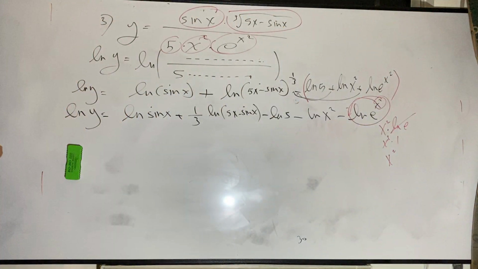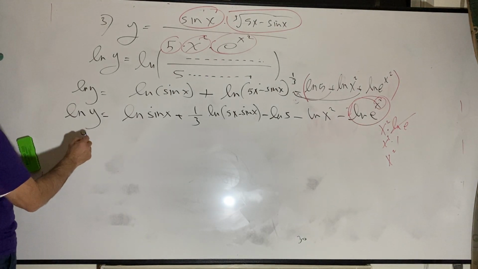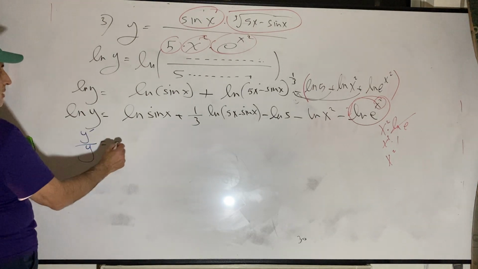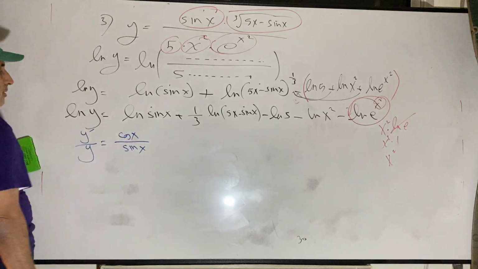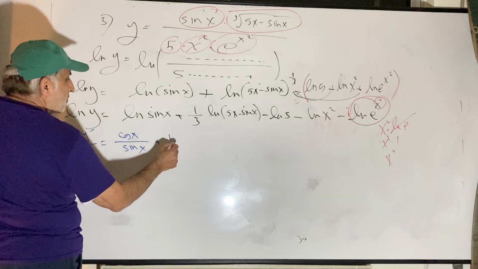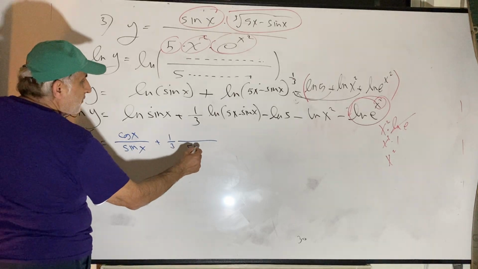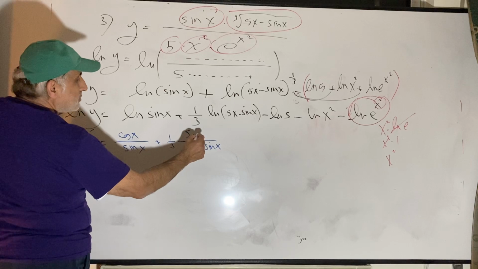Now, gentlemen, let's differentiate and finish with this topic. The derivative of ln y with respect to y is this. Sine, its derivative is cosine, plus 1/3. Derivative of 5x minus sine x, put it at the top.